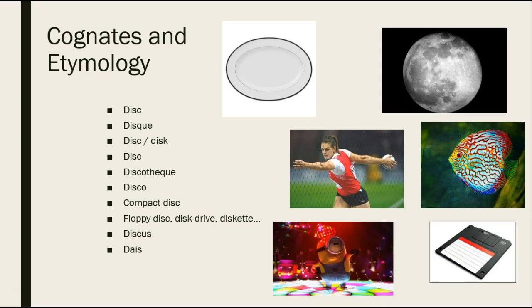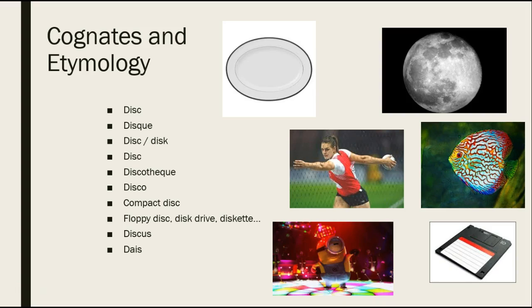Also, etymology is the study of words, how they develop their meanings, and the relationship between them. And so I'd like to conclude by looking at a series of cognates of the word disc or discus, which allow us to see the range of ways that a word can be interpreted.